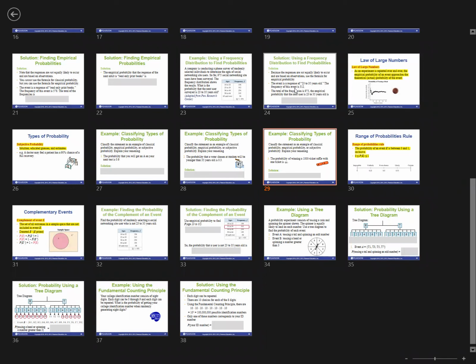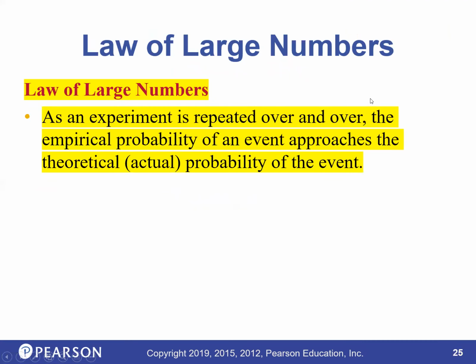You'll see on the homework here. This whole concept only works when we have large numbers. And so now this is kind of like the connection between the empirical and the theoretical.